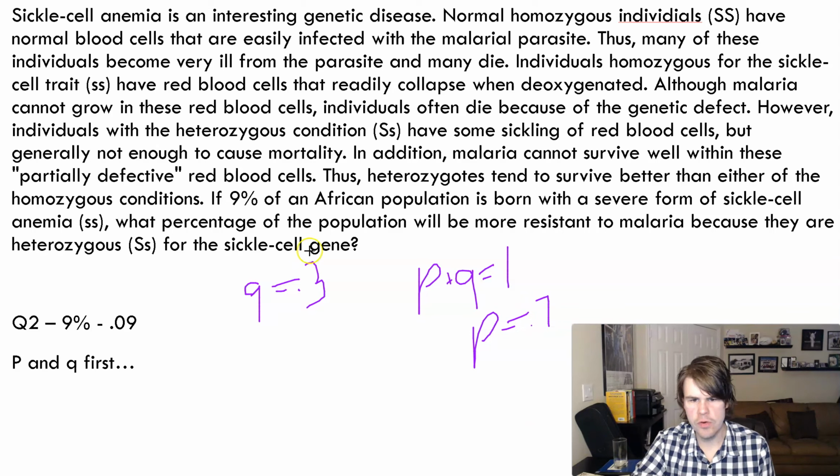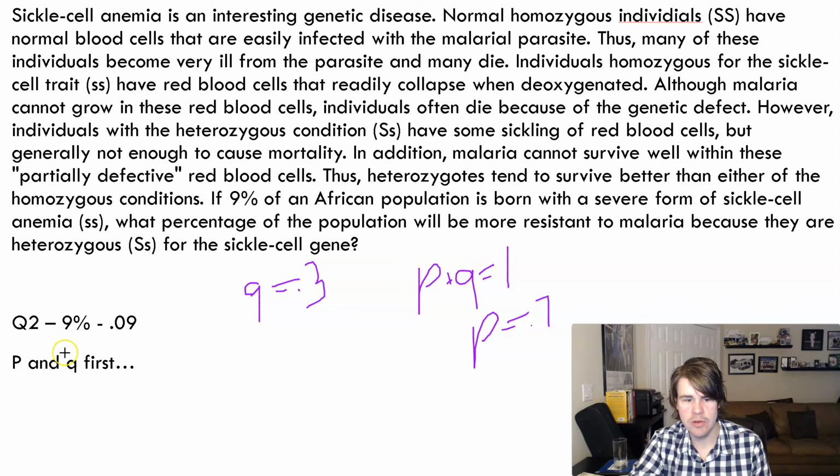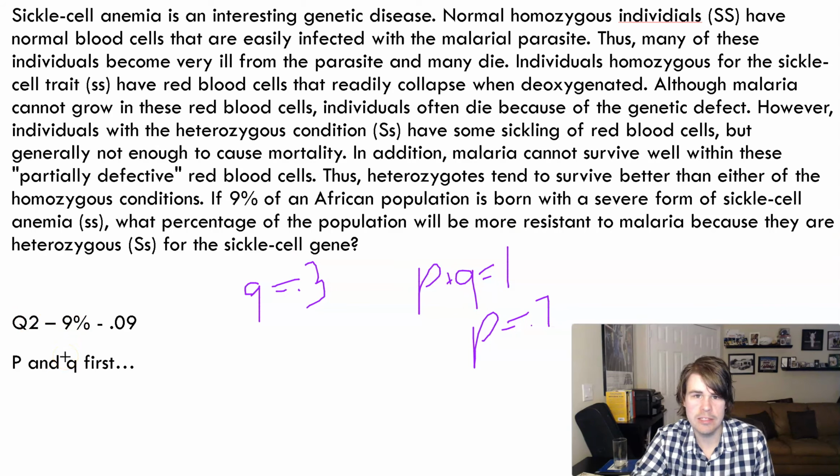So Q equals 0.3, P equals 0.7, and so what are they asking me to find now? I've got my P and Q, and as long as you know P and Q, you can solve for any question that they're asking.